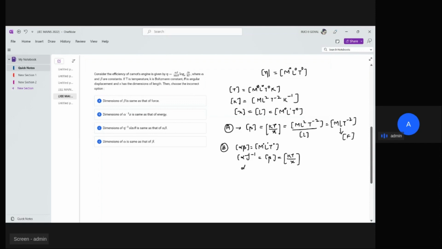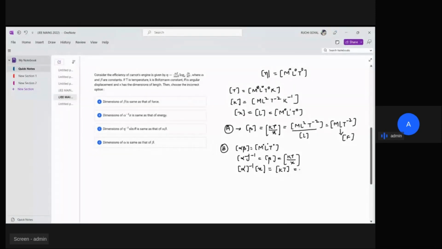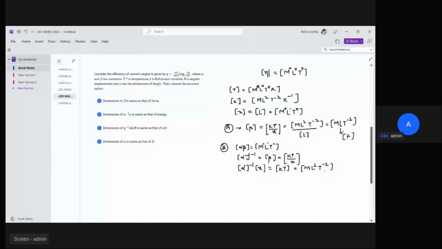So the dimension of alpha^-1 into x will be equal to k into T. So k into T is M L^2 T^-2. Correct? So this is the dimensions of energy.